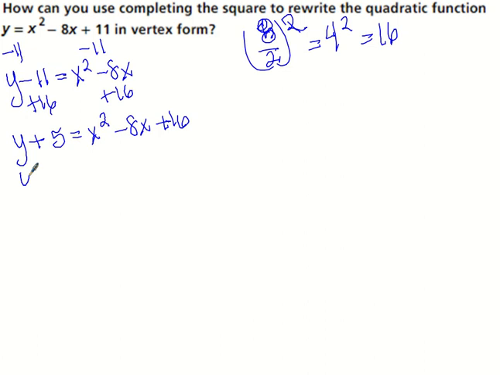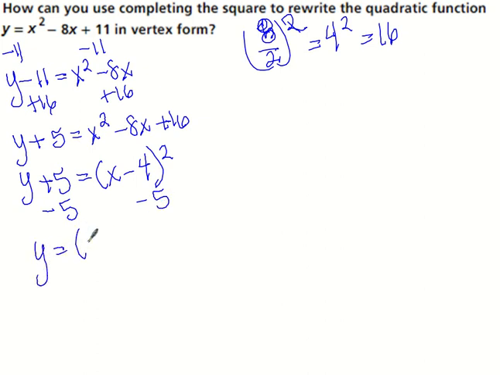We're going to factor y plus 5 equals x minus 4 squared because it's negative in the middle. And then we just move the 5 back over, and y equals x minus 4 squared minus 5.